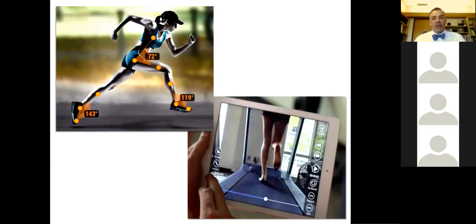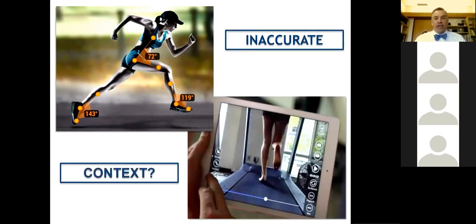So dating back to research that was first published in 1995, so over 20 years ago, most 2D approaches, whether it be using a single camera, or in this case, you can also see an iPad being used, at best, you're going to be 30% inaccurate, and sometimes upwards of 300% inaccurate.